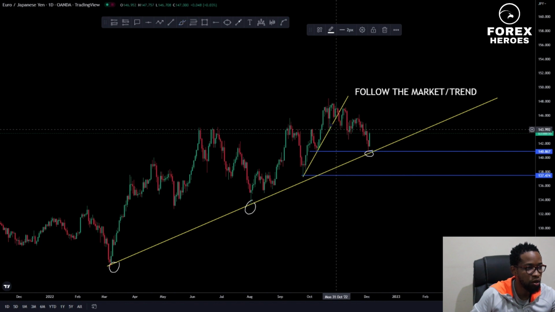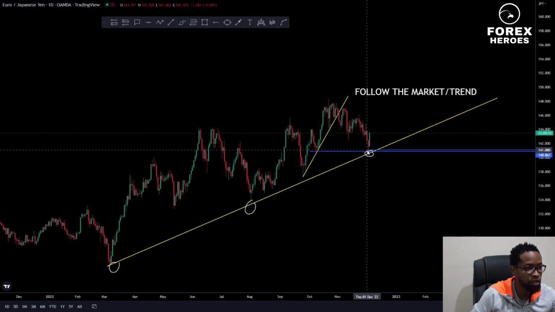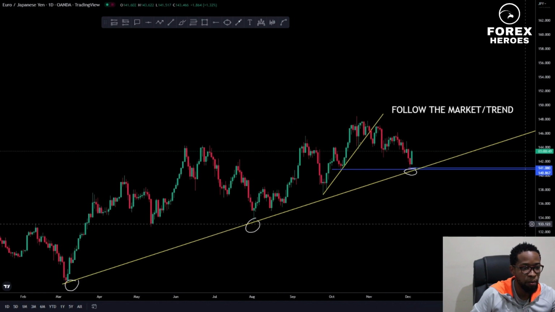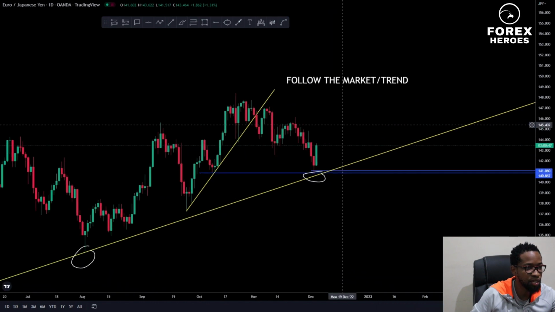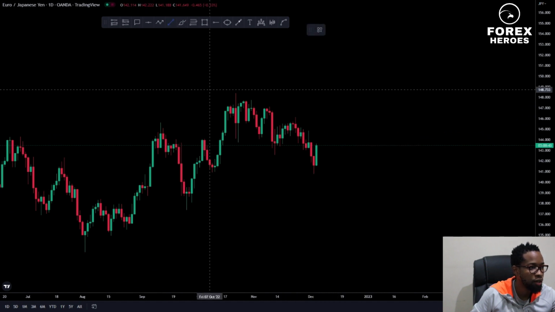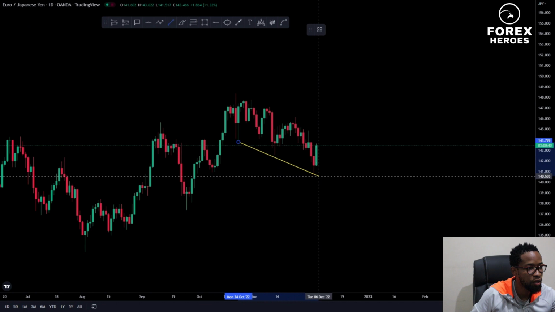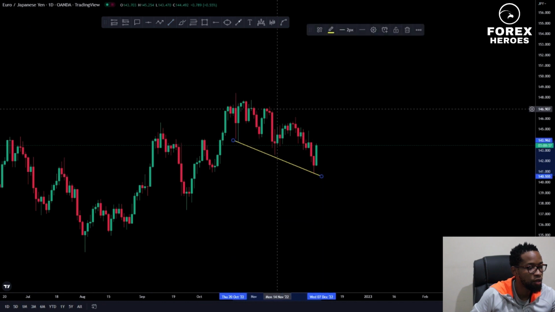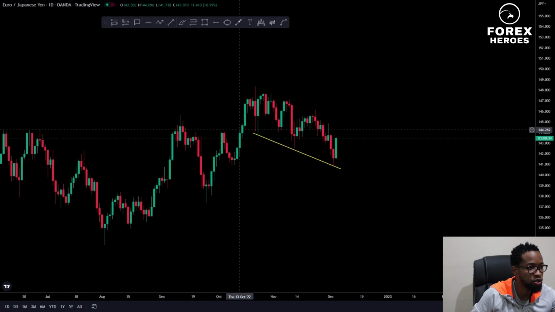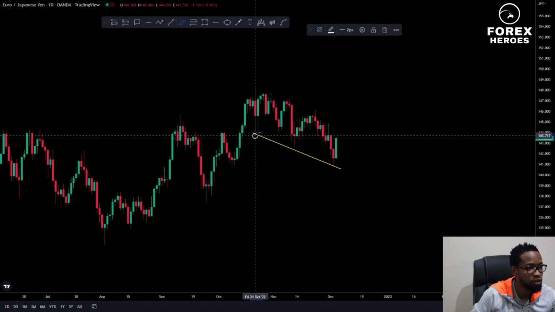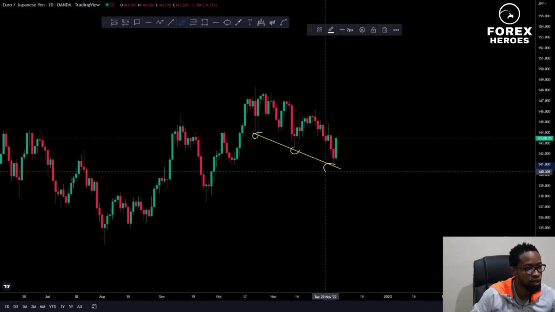As you know, we make sure that we keep our charts clean. Let me remove everything. And I can simply draw this one here, because I can see 1, 2, this is the third touch. So we are having 1, 2, 3.